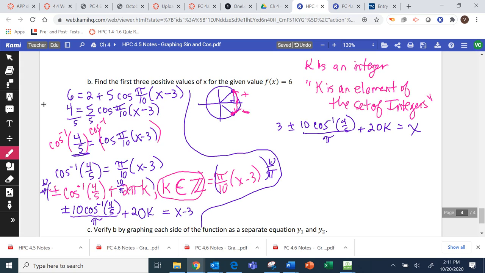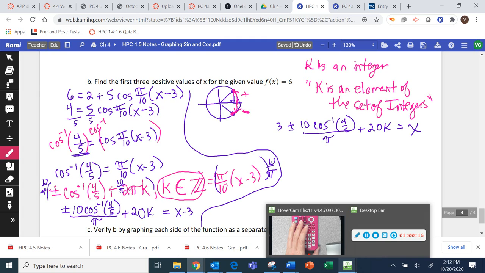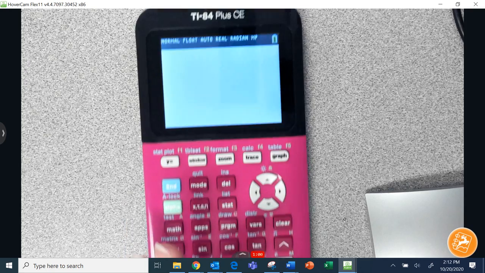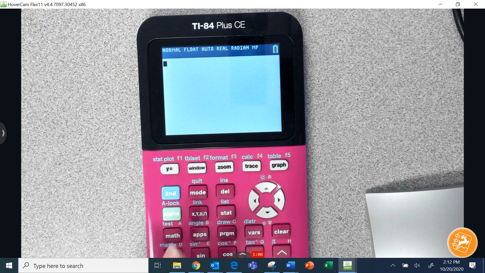So now we're going to use our calculator. So grab your calculator. If you have the newer calculators, to get the fraction, y equals, enter.